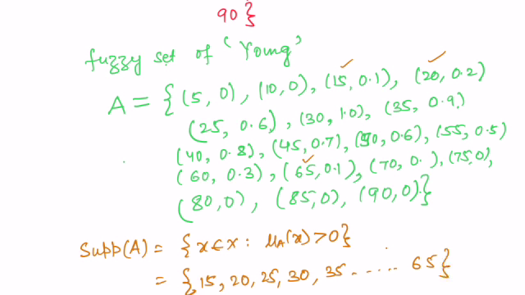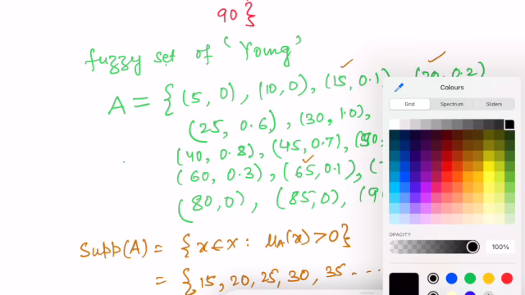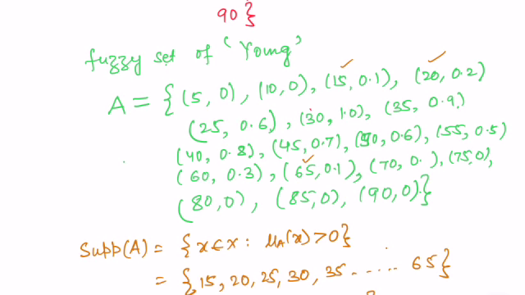Then we'll find the core of A. It is nothing but all those points where the membership grade is equal to 1. So let us see where it takes value 1.0. It takes value 1.0 only at 30.